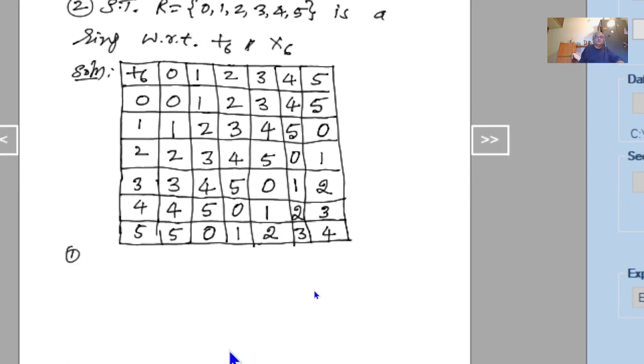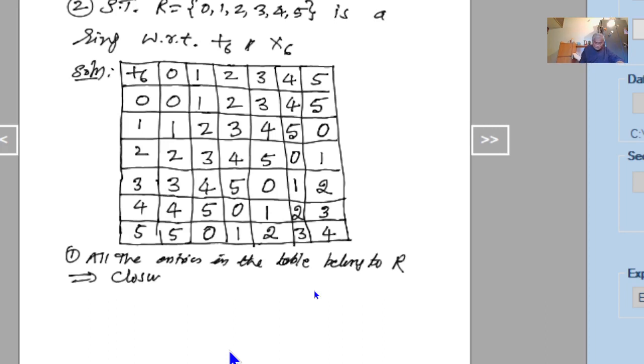Number 1, all the entries in the table belong to R. What this implies is closure law is satisfied with respect to addition modulo 6, plus 6.